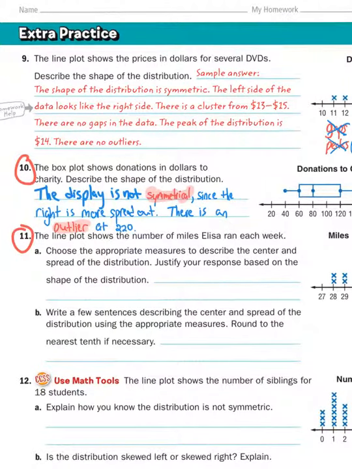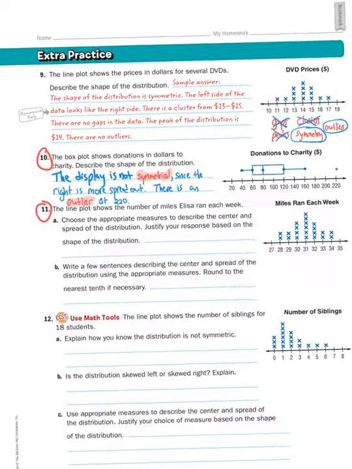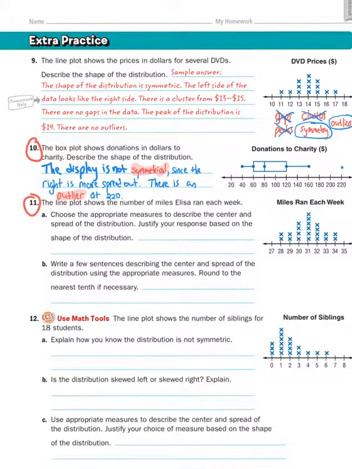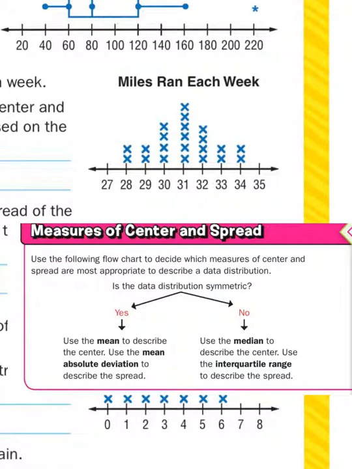So basically in A, we have to choose the center and spread, and in B, we have to find the center and spread. So to help us with that, I'm going to include a picture from page 893. So here is the table from, I think it's page 893, on choosing measure of center and spread. Now remember how you choose this. It's a flow chart. It says, is the data distribution symmetric?